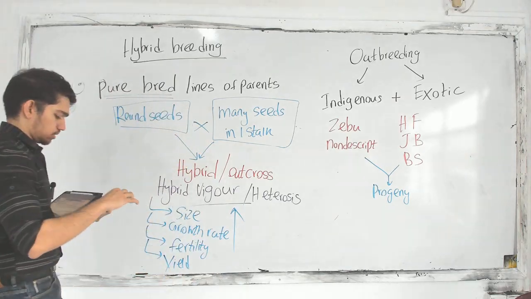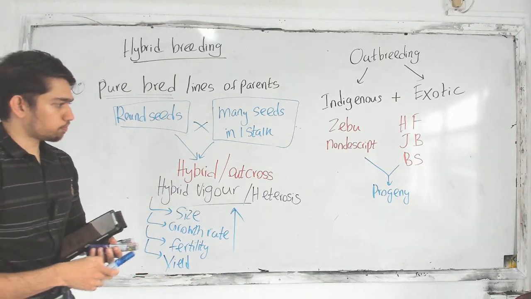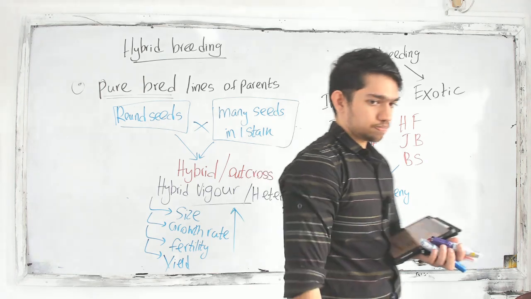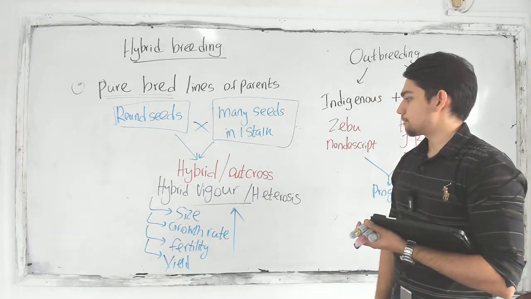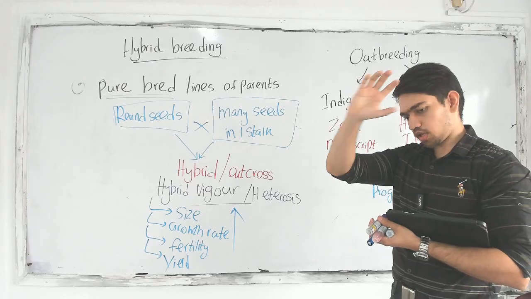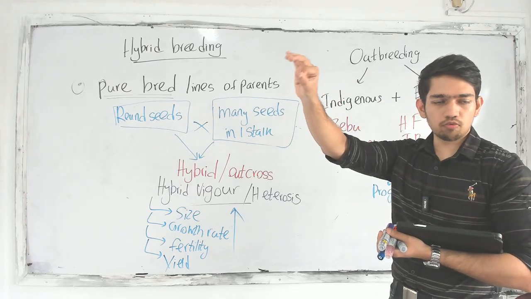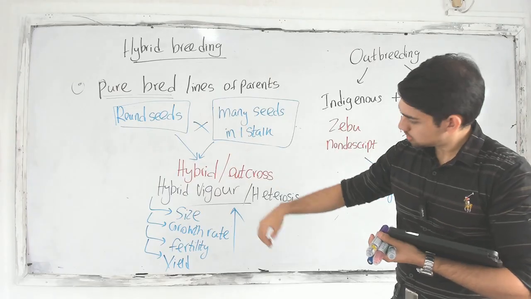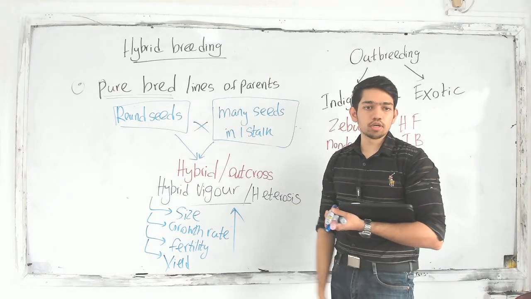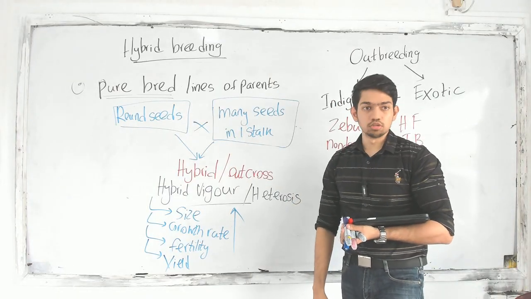All these are increased in the hybrid organism because of hybrid vigor. They can ask you, what is hybrid vigor? What are the characters that you can see increased in the hybrid organism? Size, growth rate, fertility, yield.